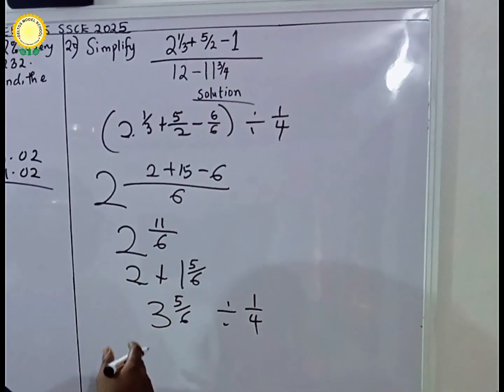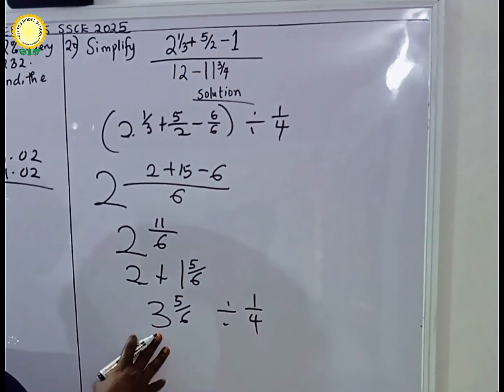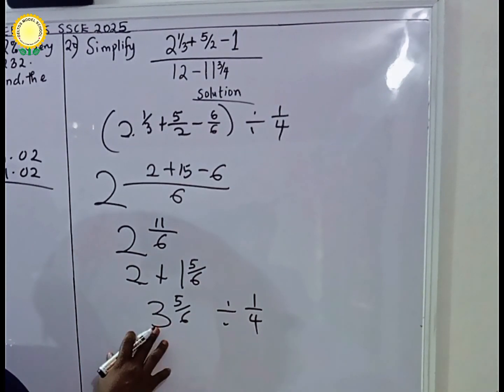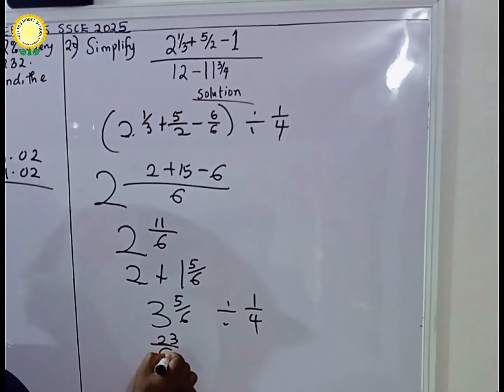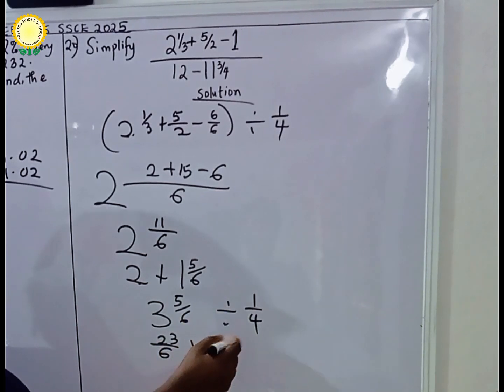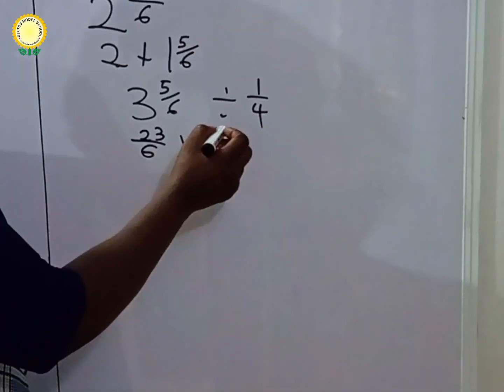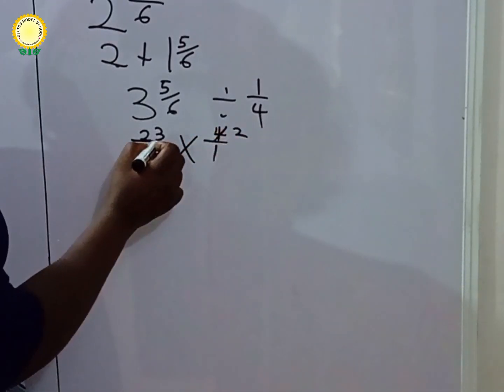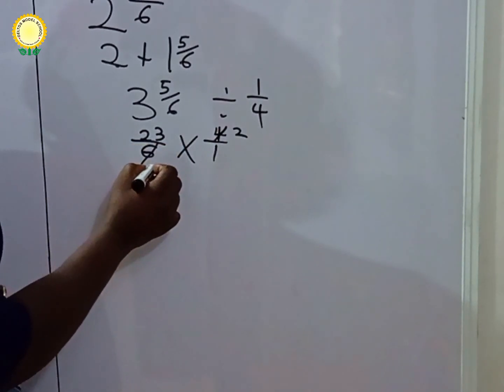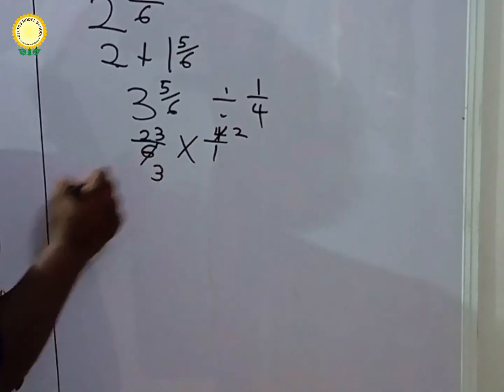We convert this to improper fraction again so that we can solve. We have 6 times 3, 18, 19, 20, 21, 22, 23. We have 23 over 6 times, remember when you change division to multiplication, you find the reciprocal. That will be 4 over 1. Then you can simplify further. 4 divided by 2 is 2. 6 divided by 2 is 3.